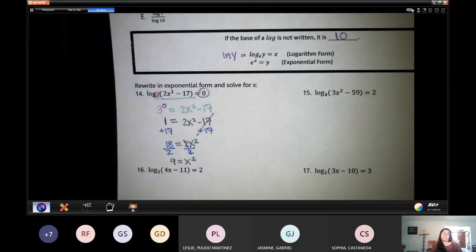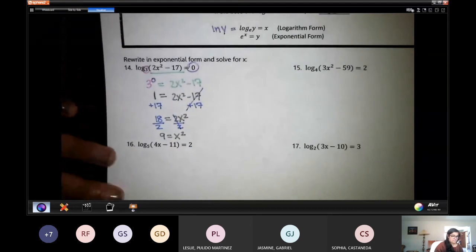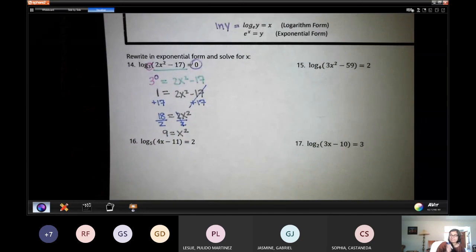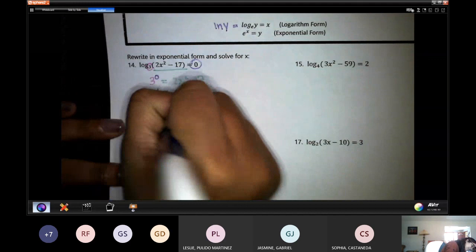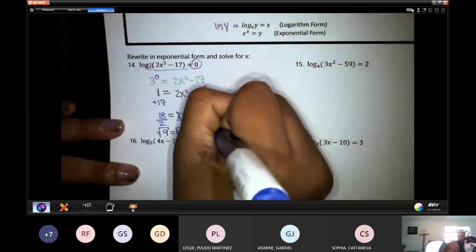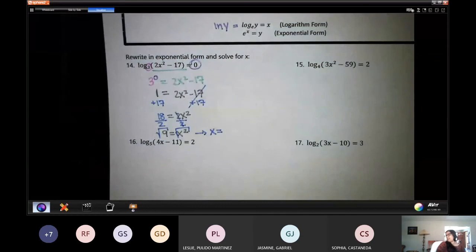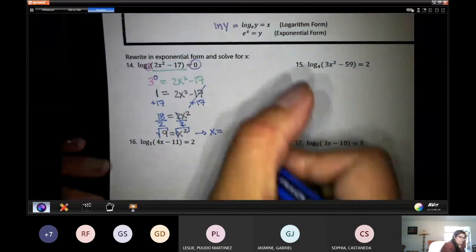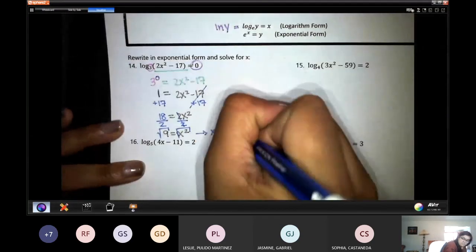And then how do we get rid of a square? What is the opposite of a square, maybe is a better question. Square root. Very good. So we square root both sides, and so we get x equals what? Not just 3, though. Be really careful here.